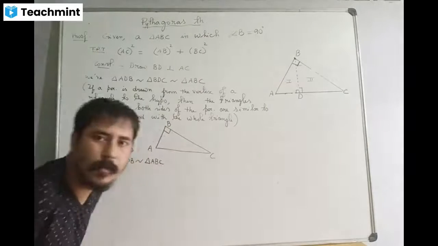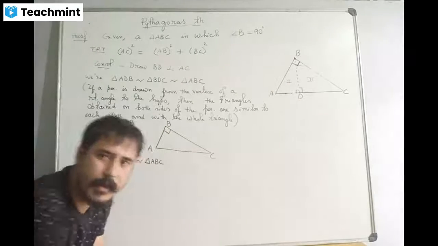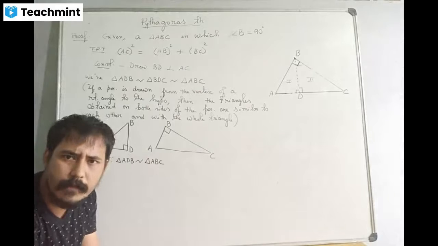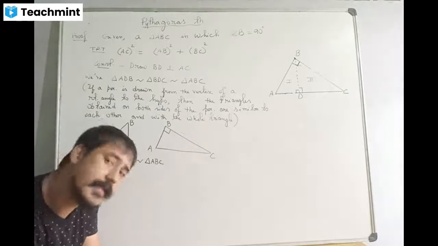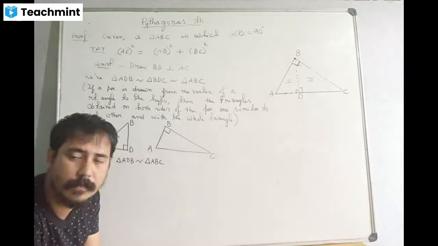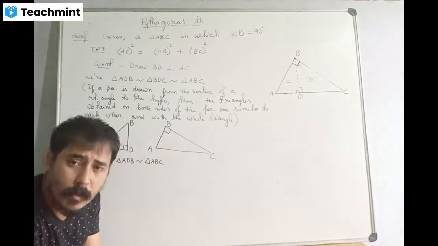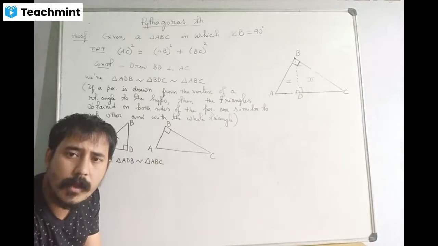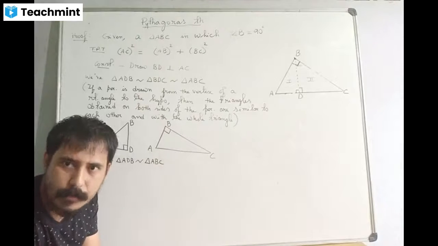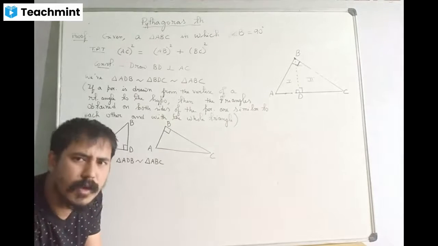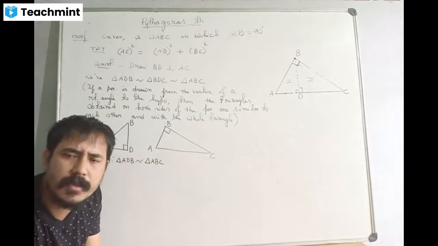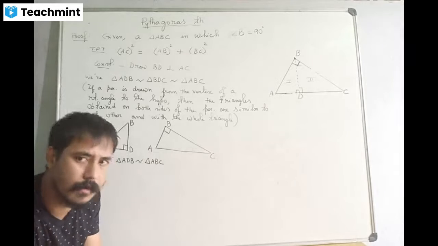Now class, in the previous class we learned that if two triangles are similar, then what? Their corresponding sides will be in proportion, meaning the ratio of their corresponding sides will be equal.